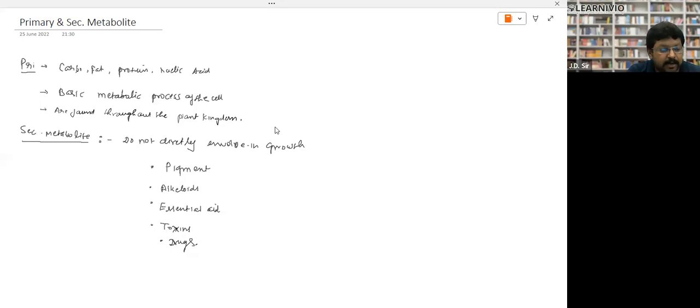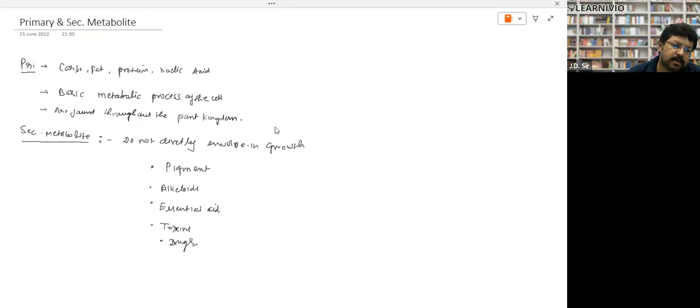Such compounds are called secondary metabolites.